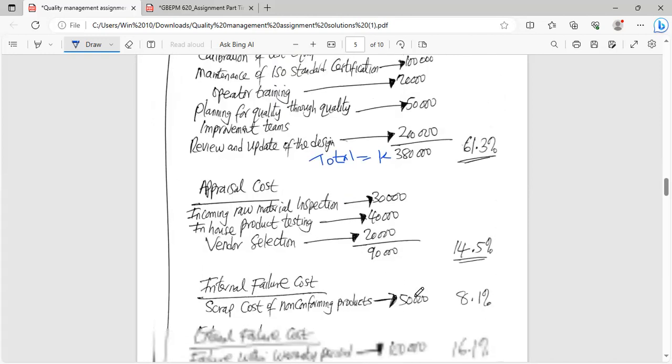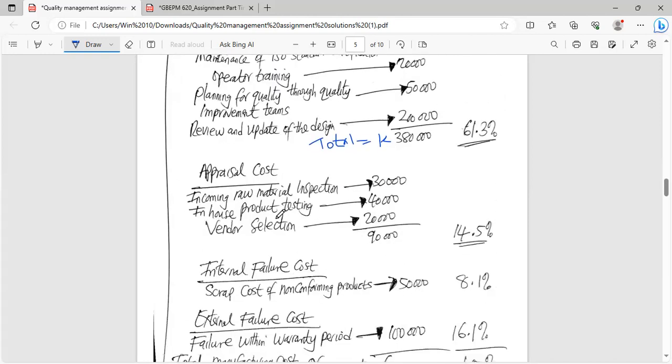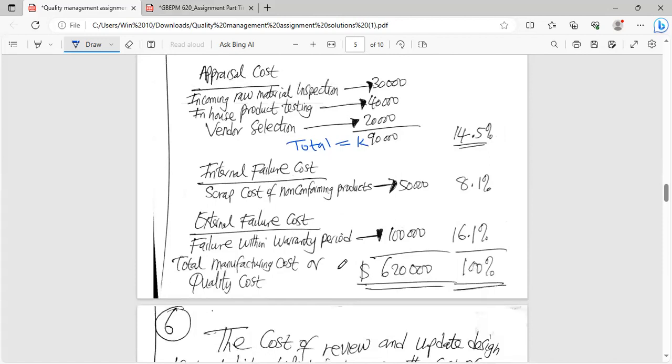Then getting down to the appraisal cost, incoming raw material inspection, 30,000. In-house product testing, 40,000. Vendor selection, 20,000, which is giving us the total of 90,000. Then internal failure cost, we have the scrap cost of non-conforming products, which is 50,000.